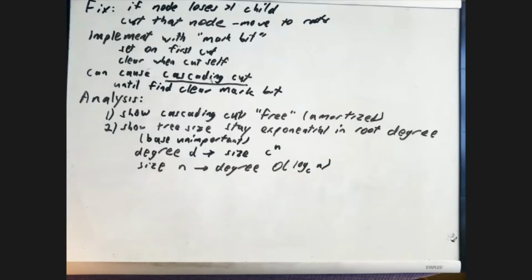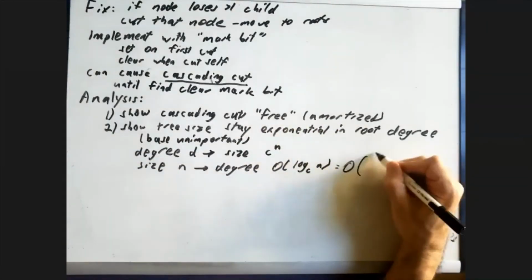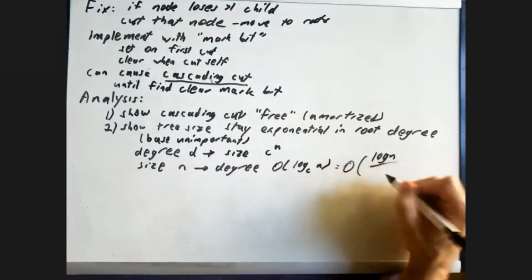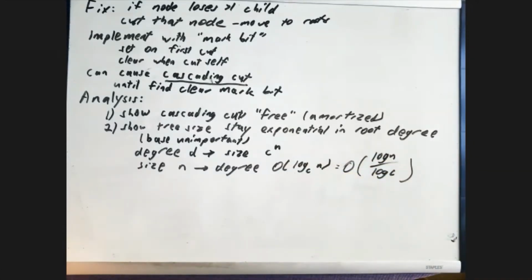Right? So that is order log n divided by log c. So as long as c is bigger than 1, this is asymptotically order log n. Okay, good question. Any others?